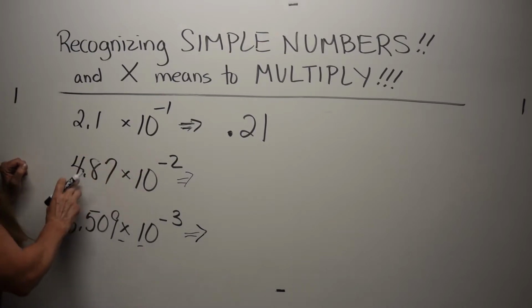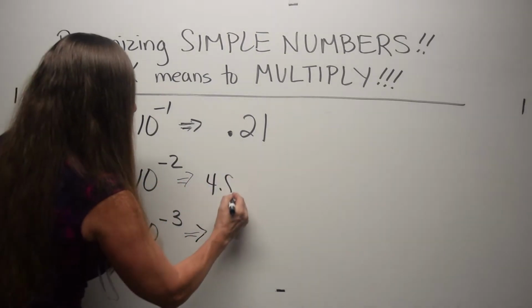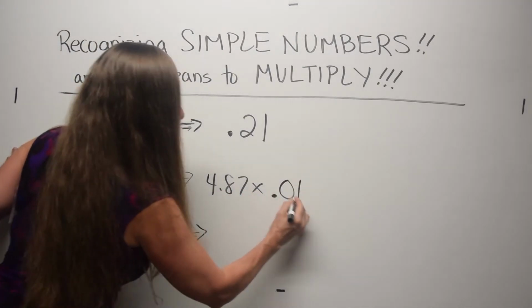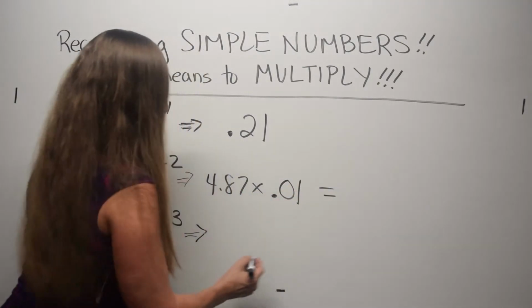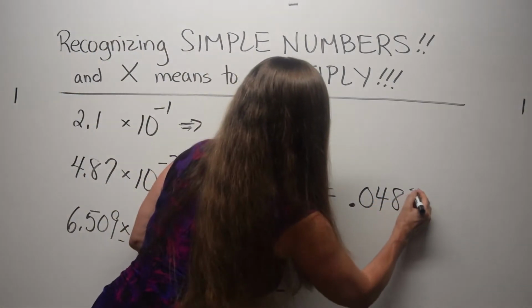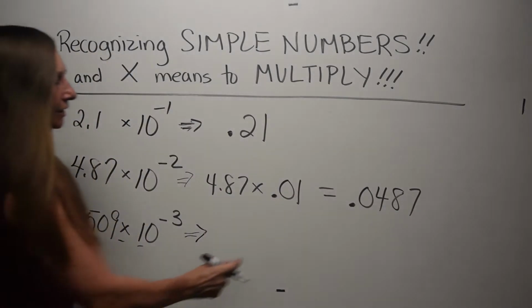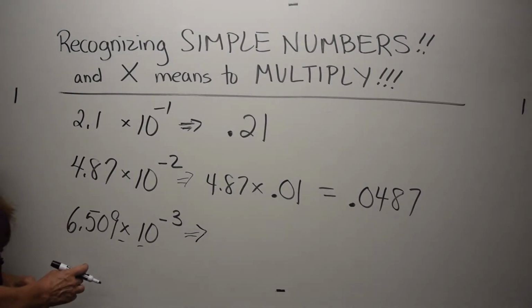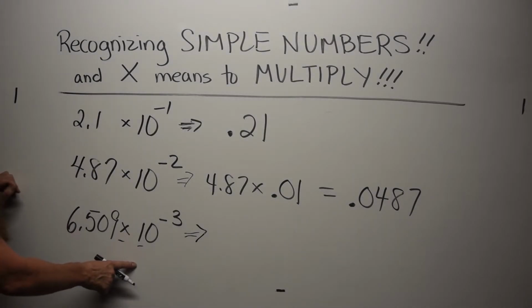All right, this one would be 4.87 times 0.01. So that's going to be 0.0487. The biggest number that you have is in the hundredths place. And here we have the thousandths place.